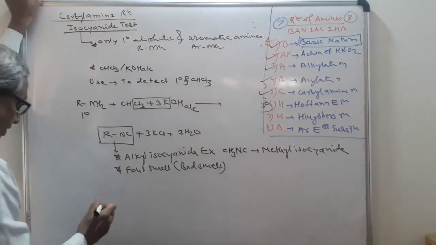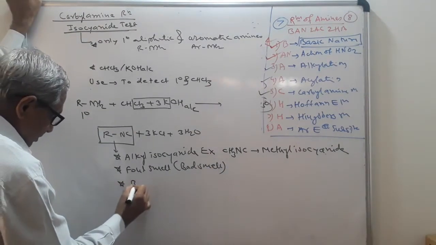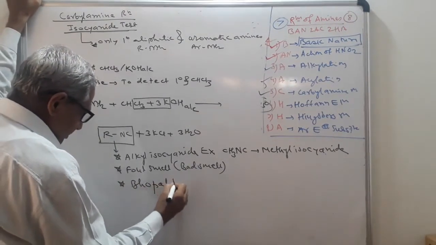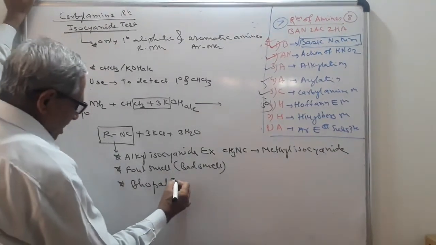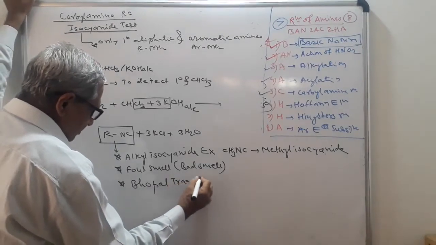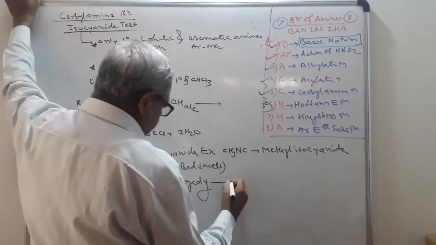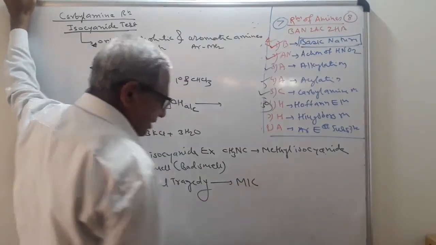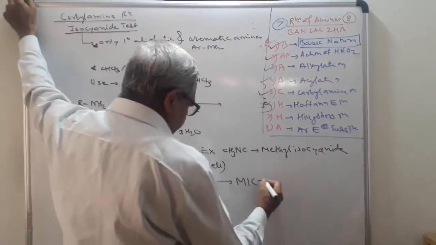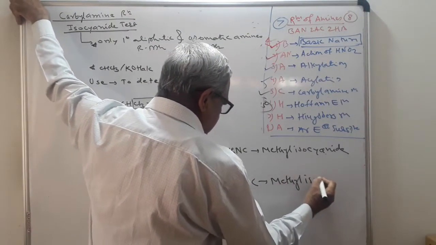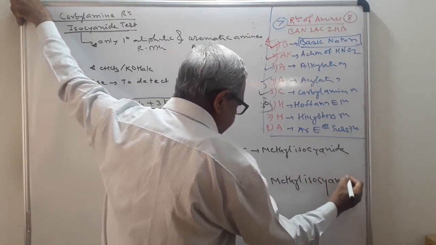Now third question, a general knowledge question will be set on the point of the Bhopal tragedy. Which gas was evolved in the Bhopal tragedy? That is MIC. Give the long form of MIC. It is methyl isocyanate.